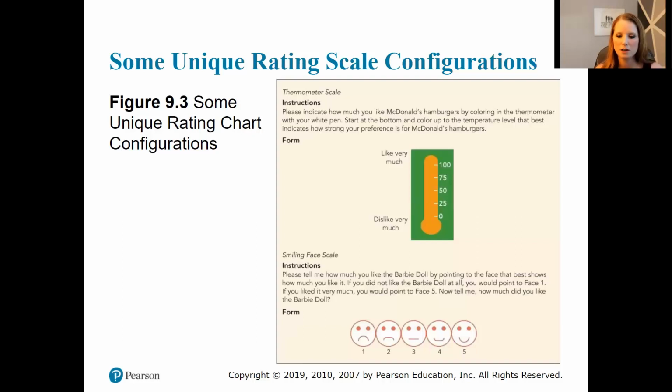Some interesting ones you can do are things like a thermometer that's usually available on these free software systems. And then the faces are where we have like the happy through sad face. At the bottom here, these are very frequently used with children who would have a less complex understanding of the written scales that we would ask them about. So they can just point to a face.